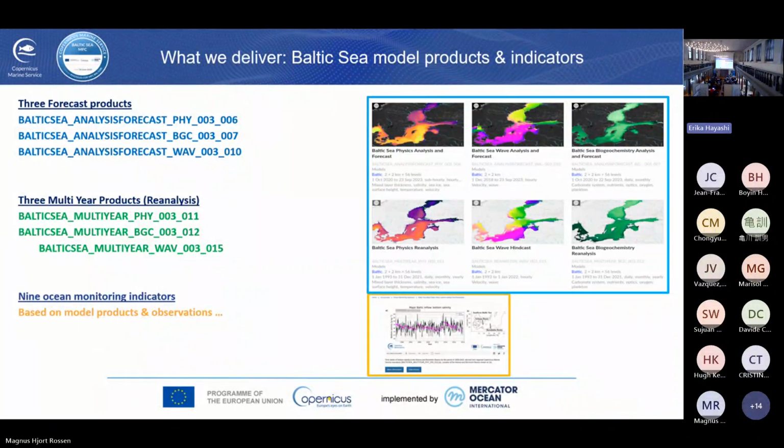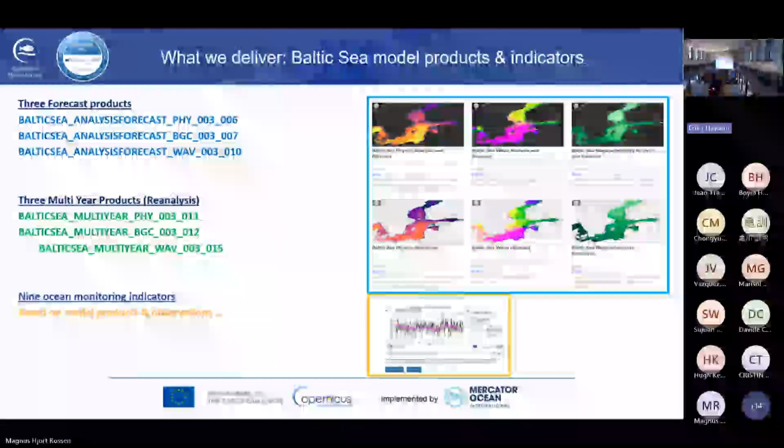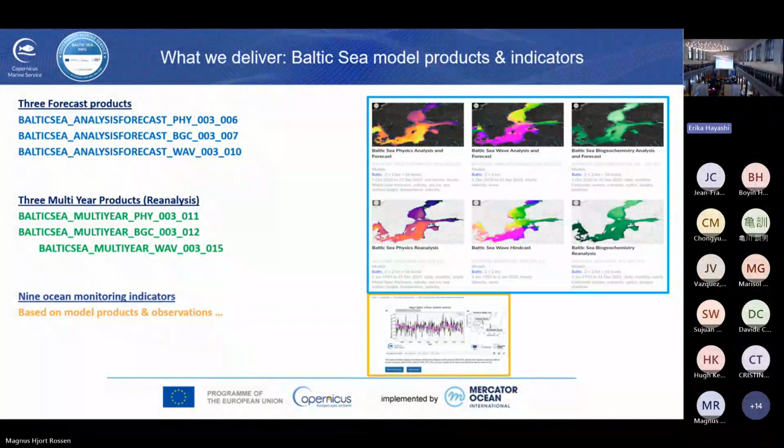The wave is actually run in Finland. And we are responsible for the multi-year products of physics and biogeochemistry. I should mention that out of those products, we can derive the marine ocean indicators, such as the marine heat waves, and all of these products you can find on the Copernicus website catalogs.